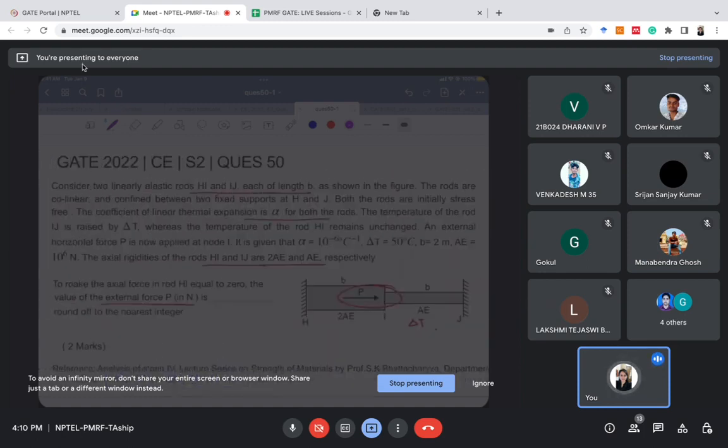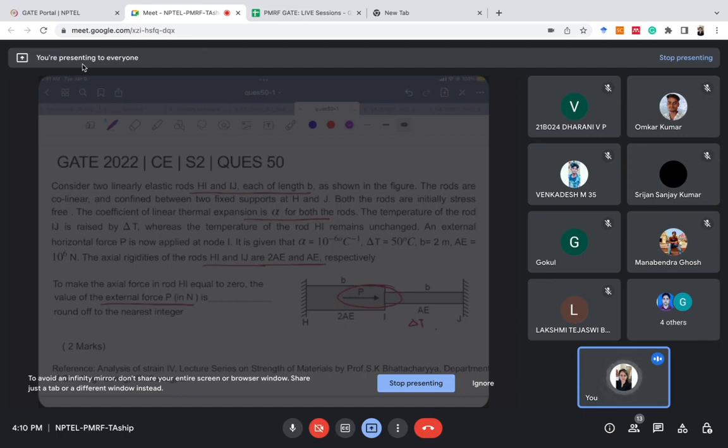This question is basically related to temperature stresses and also the stresses or deformation due to the axial load. In earlier years, GATE used to give either the temperature stress question or the deformation due to axial load, but now they have modified things a little bit and incorporated everything in a single question as the competitiveness of GATE is increasing.